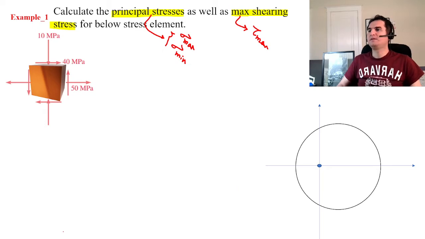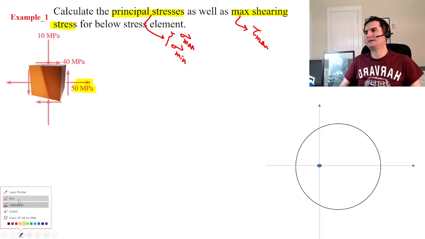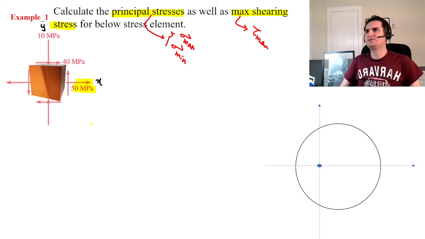If you look at this side, which has a normal stress of 50 megapascal, the normal of that plane is x, and this is y. The plane whose normal goes by x is the plane of x, and there is a 40 megapascal shear stress on the plane of x.